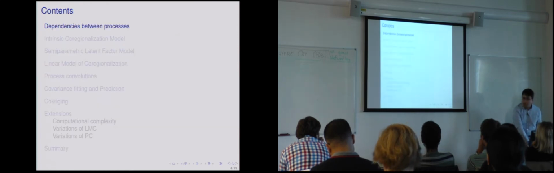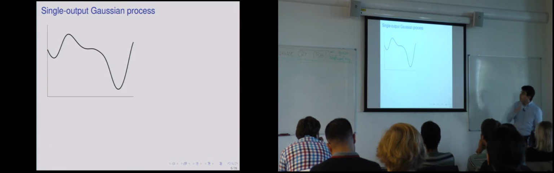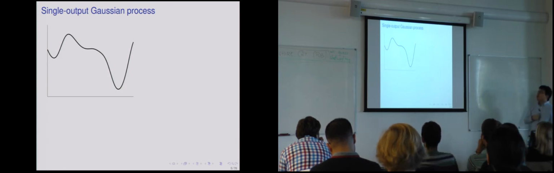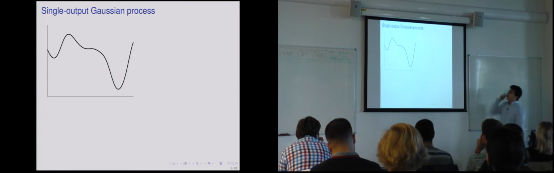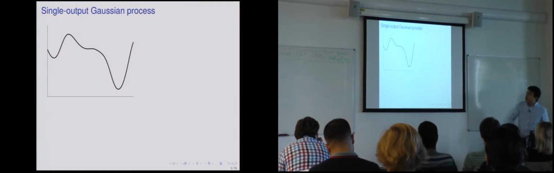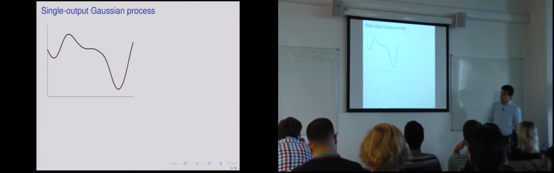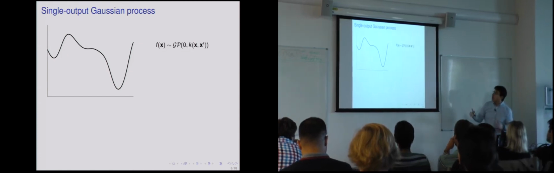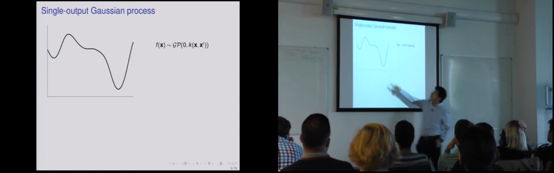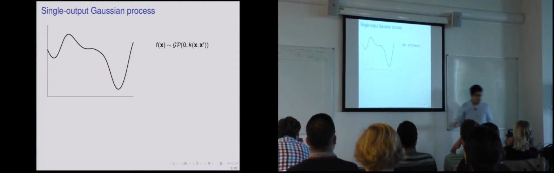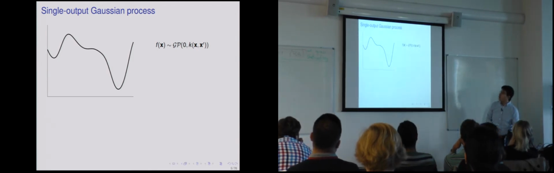How do we define dependencies between processes? I'm just going to review what you saw yesterday, talking about single output Gaussian processes. We know that a Gaussian process is a random process such that if I take a finite number of random variables associated to that process, then those random variables are going to be multivariate Gaussian distributed.